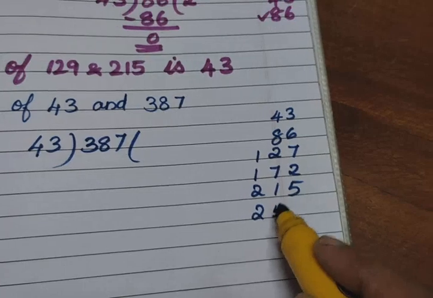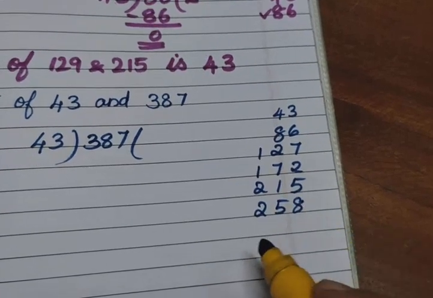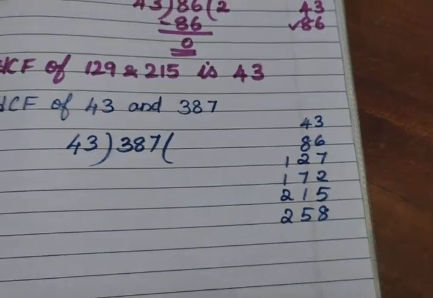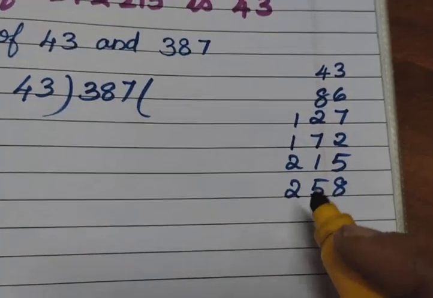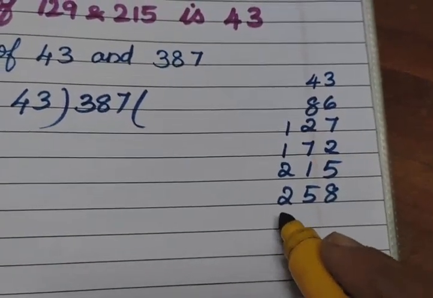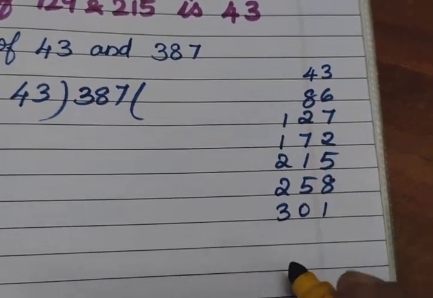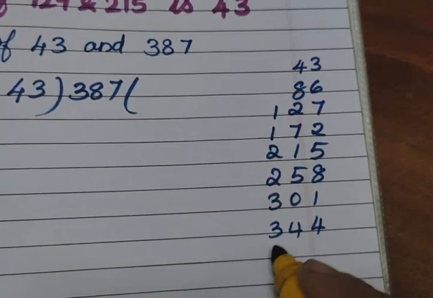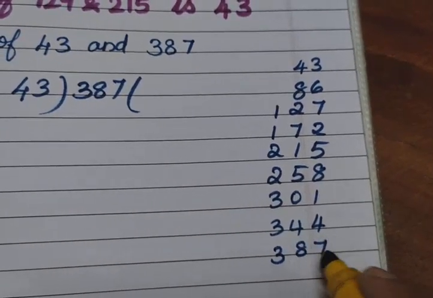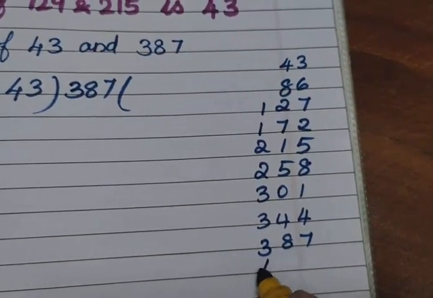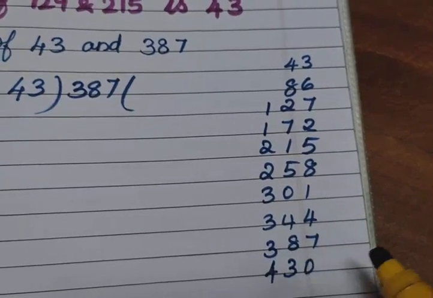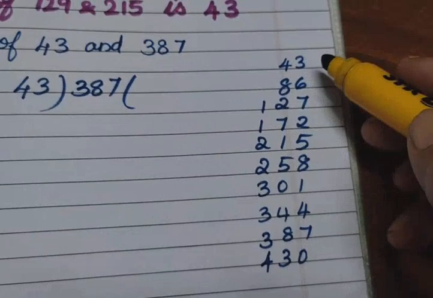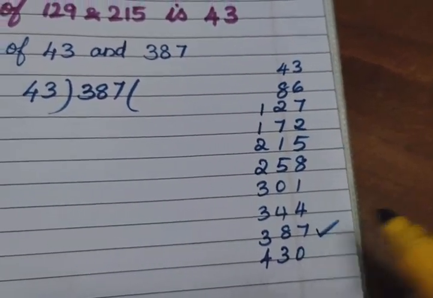6 43s are 258. 7 43s are 301. 8 43s are 344. 9 43s are 387. 10 43s are 430. Okay. Here 387 is there. So how many times? 9 times, isn't it?